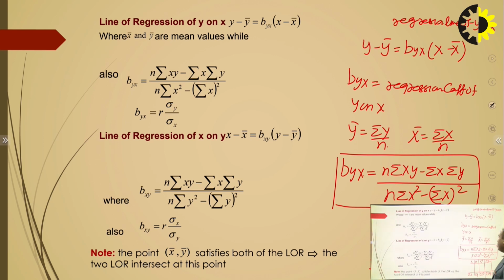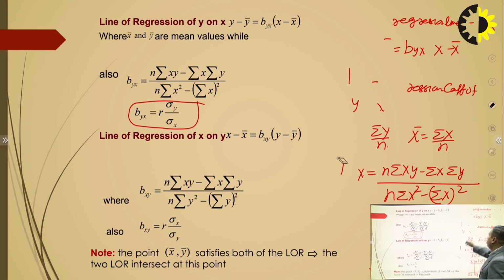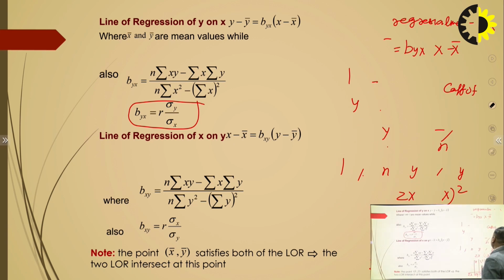It is also known as R sigma y upon sigma x, where sigma is the standard deviation and R is the coefficient of correlation.